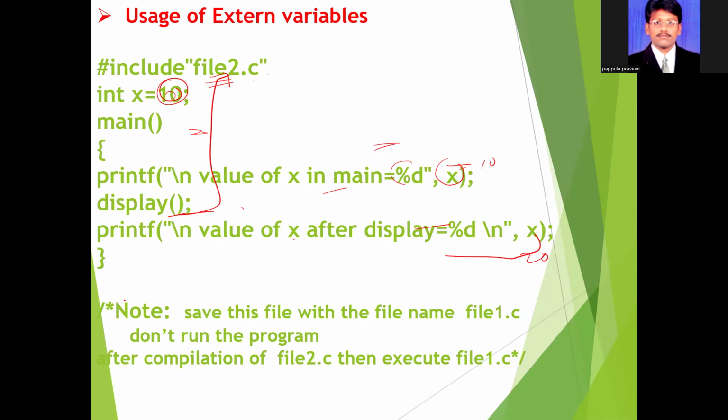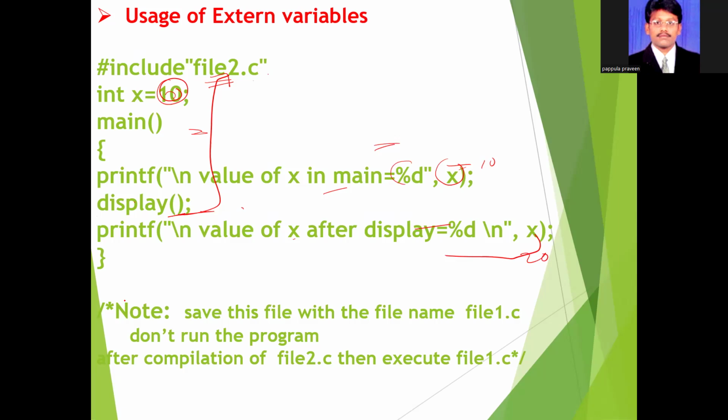This is the external storage class. Okay, in total how many storage classes do we have? We have 4 storage classes. One is the auto storage class. Second is the register storage class, then static storage class, and external storage class. Auto storage class is the default storage class.